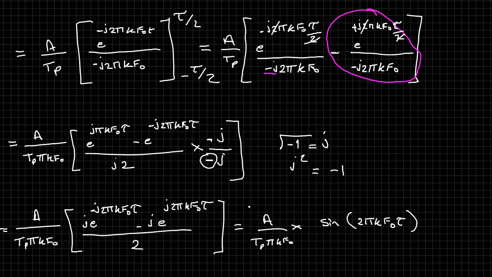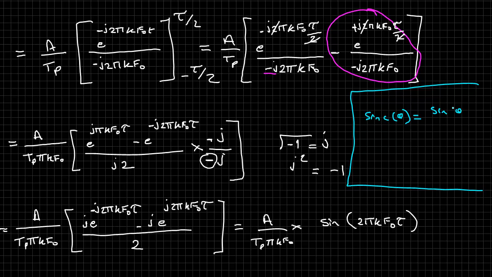And now we should consider how we get this into the sinc form. And to do that, let's just remind ourselves of what the relationship is between the sinc function and the sine function by creating an area and writing down that sinc phi is equal to sine phi over phi.